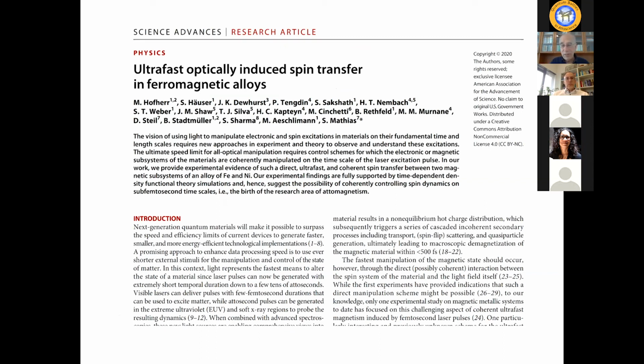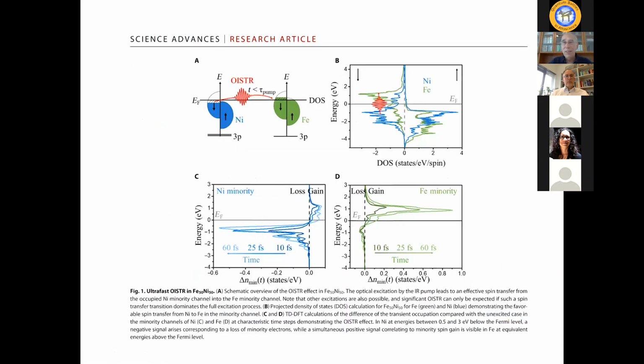This is one of the papers of the Ashleyman group, and I just want to highlight here that they do it even faster, in the sub-femtosecond regime, and they call it the birth of the research area of attomagnetism. But it's exactly the same mechanism as you see here, the transfer of spins from one sublattice to another. This is for a nickel-iron alloy.